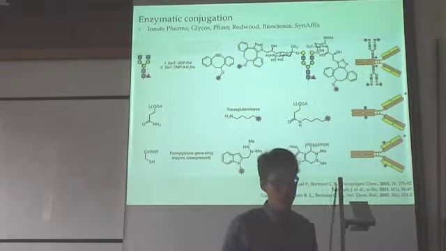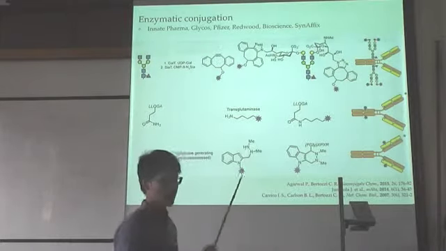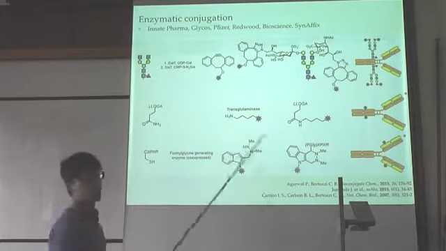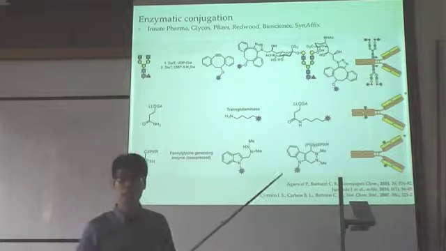And the last method I'm going to talk to you about today is enzymatic conjugation. Human antibody immunoglobulin G has a conserved glycosylation site.